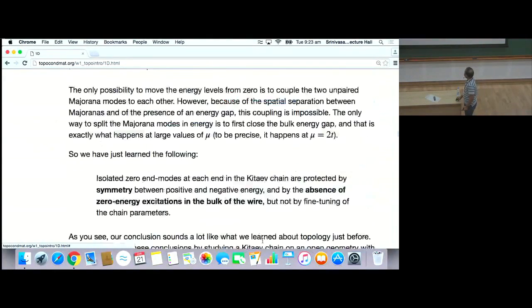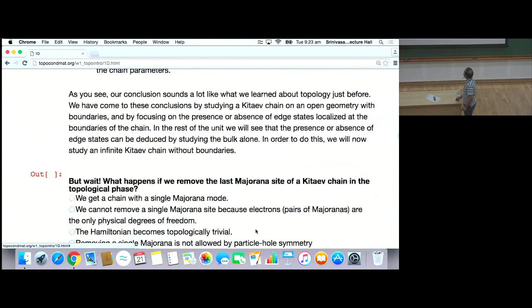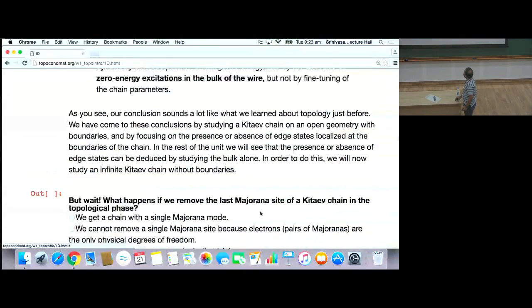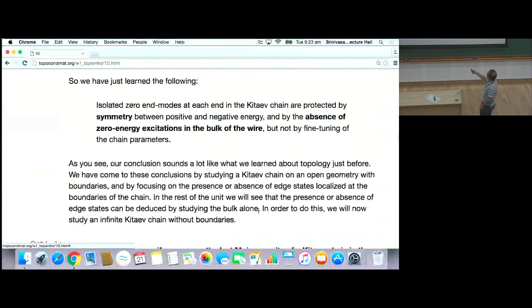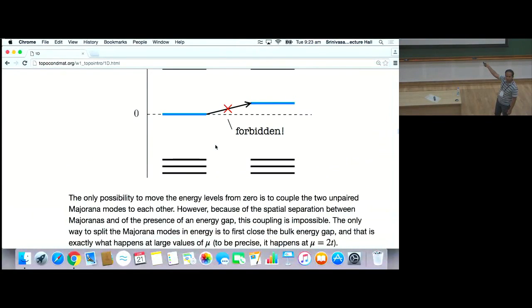And the other key thing was that this mode was protected by particle hole symmetry. Because the basic idea was that if you had an isolated 0 mode, like here, and a continuous deformation had to move it away from 0, then as soon as it moves away from 0, you ask, what is the particle hole partner?